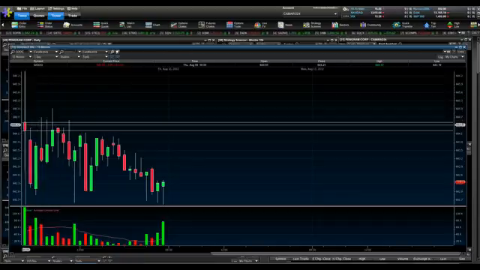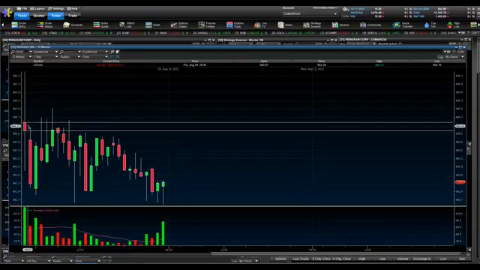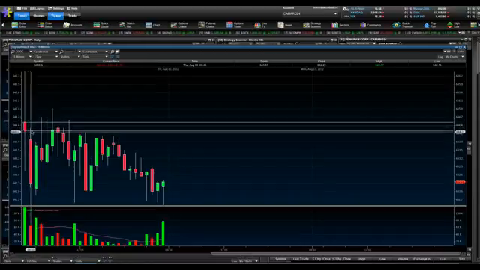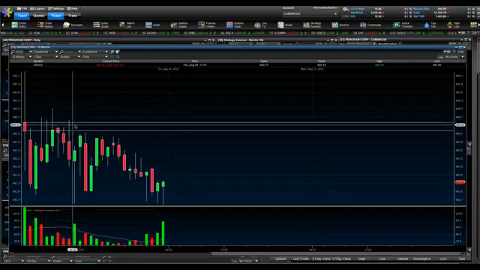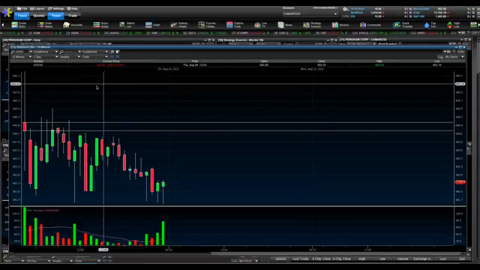First 15 minutes of the day passes. I draw the open and I draw the close of the 15-minute candle. These two lines are important to me all day. Let's look and see how this would have played out.